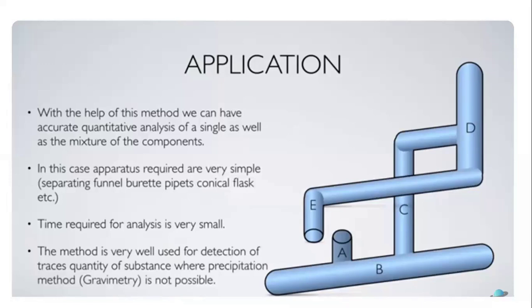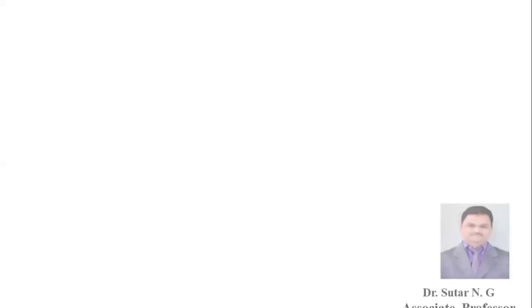Very simple instruments are required: a separating funnel and a conical flask, and the analysis time is also very short. N number of series tubes or crack tubes can be connected, because of which effective separation occurs, okay.